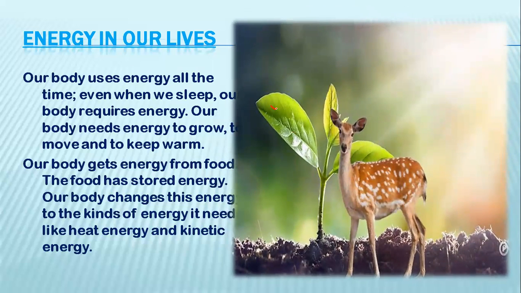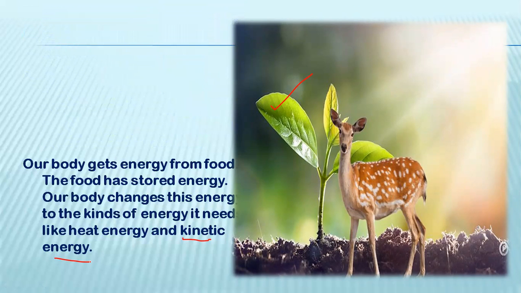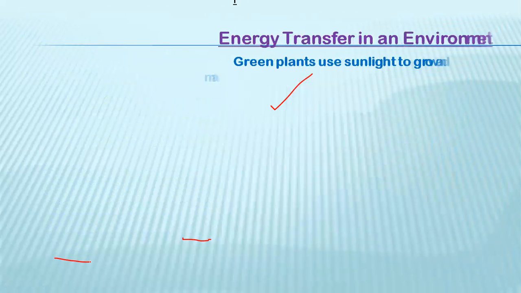Definitely from the food. Food is the stored energy which is stored in plants, vegetables, fruits, and meat. When we eat them, that energy is stored in the form of chemical energy. Then this chemical energy is changed in our body into different kinds of energy: kinetic energy, like when we do our daily work, as well as heat energy. So the energy in our life changes from one form to another, like we have seen before.